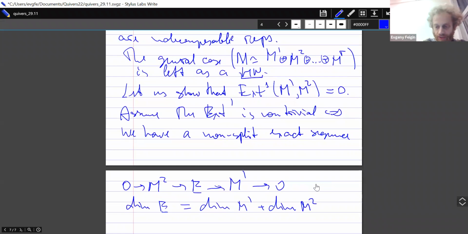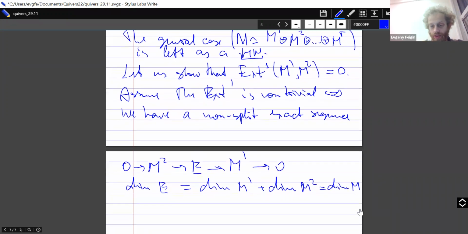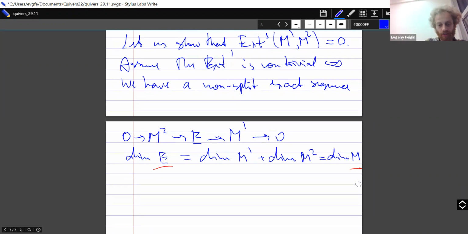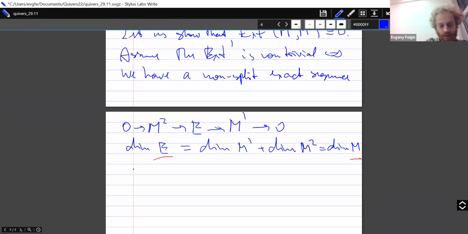So therefore this is nothing but the dimension of M. So we have E and M, two representations of the same dimension.